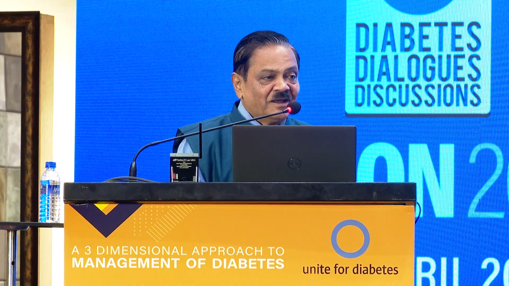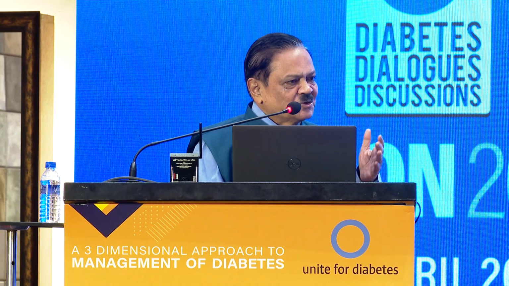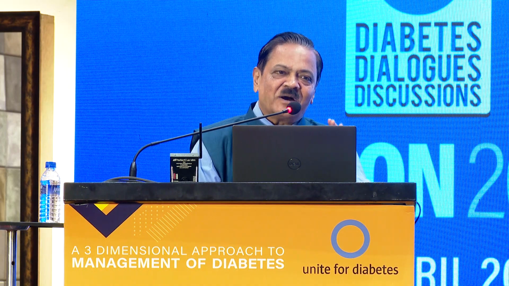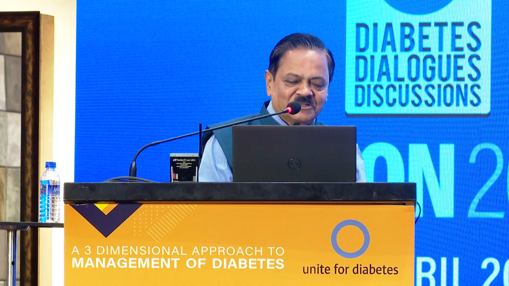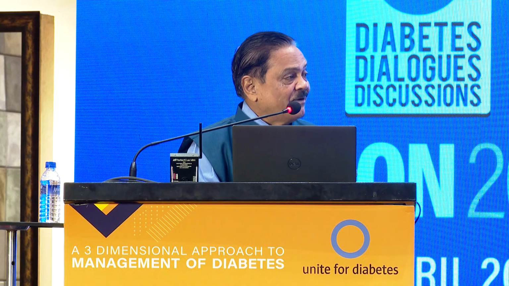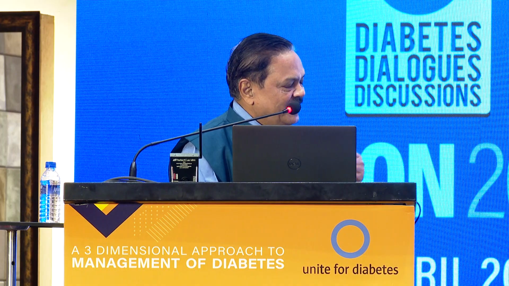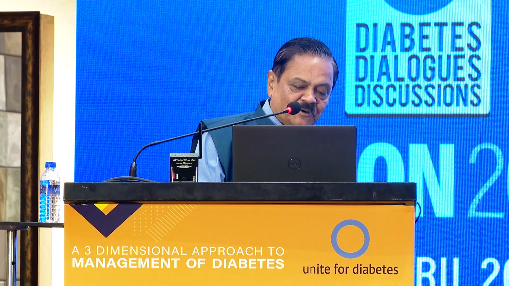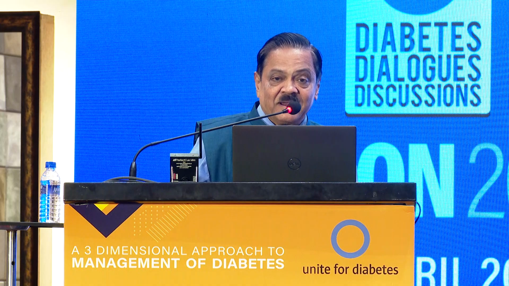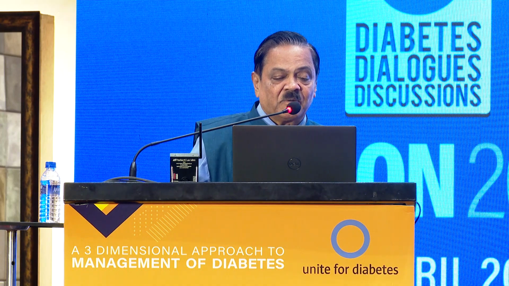Number two, this CVD in Indians, all of us know, occurs at least 1 decade earlier. Third and most important thing, if you have 22% in diabetics having CVD, we have non-diabetics about 11%, meaning thereby that it's a great problem in our population.